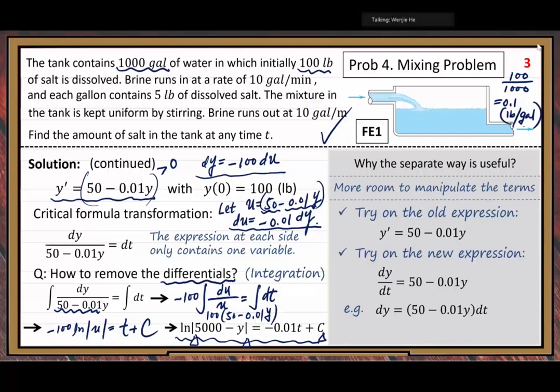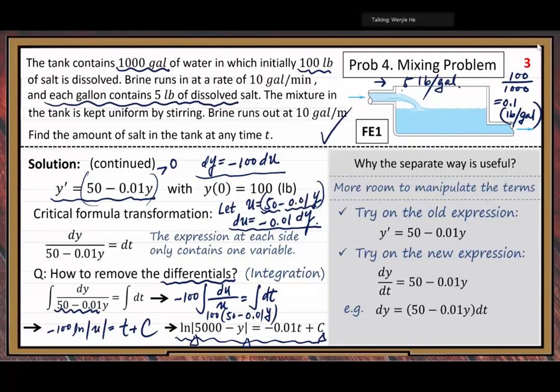Then let's look at the inflow, the density of the salt in this inflow. Each gallon contains 5 pounds of salt. That's the density, right? So the inflow density is 5 pounds per gallon.